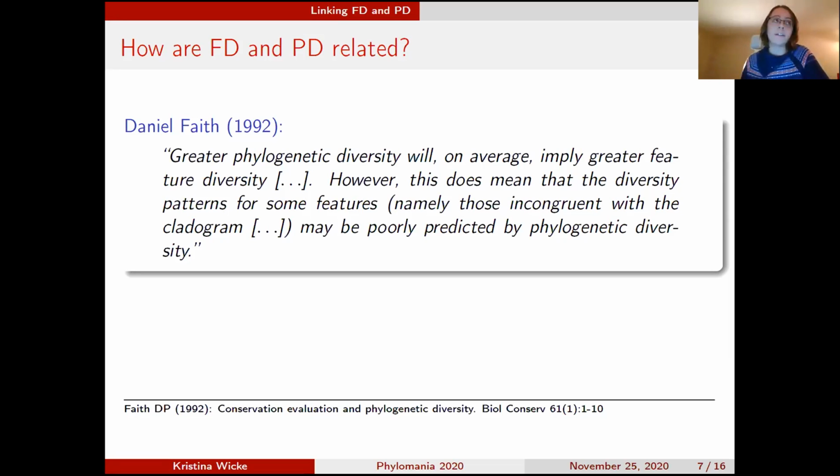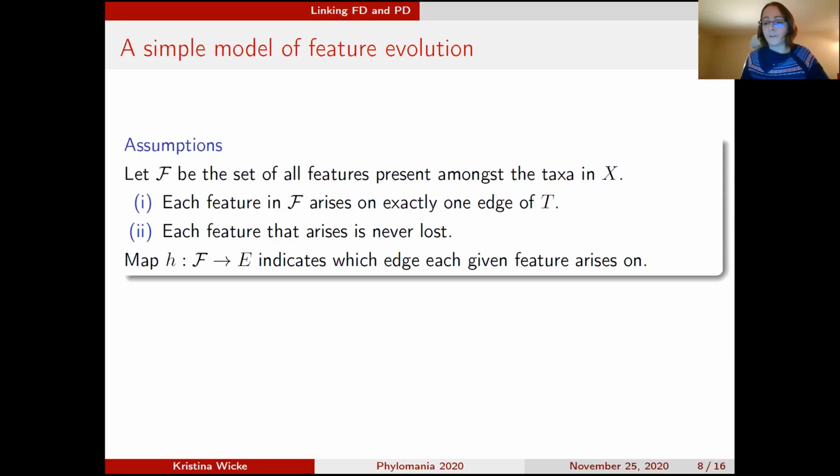And now recall what I told you: feature diversity in itself is independent of a phylogenetic tree. But in order to link feature and phylogenetic diversity, we need some model of feature evolution. And so we will consider a very simple, simplistic model of feature evolution.